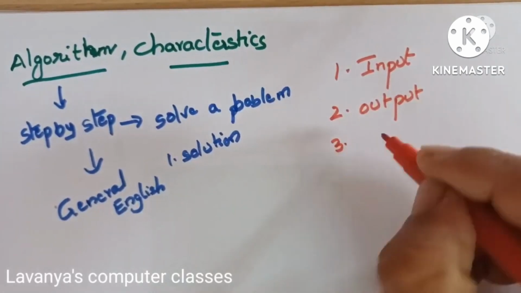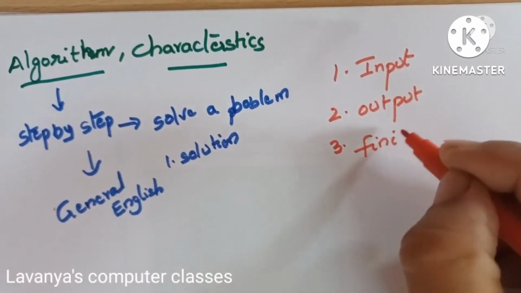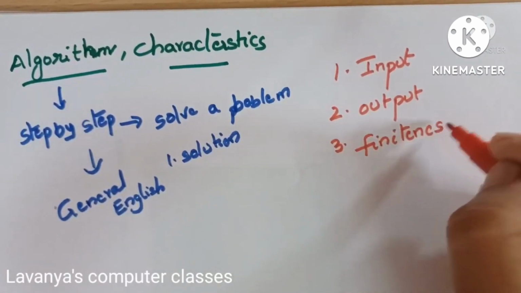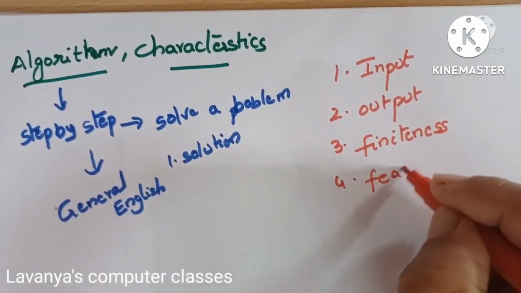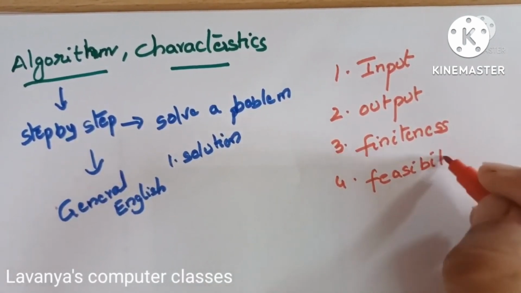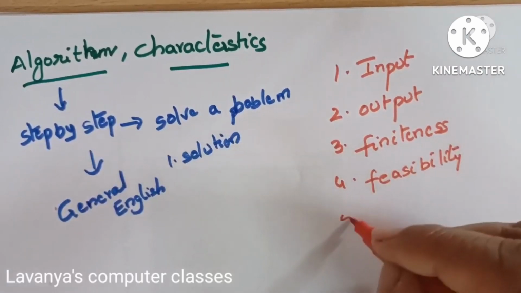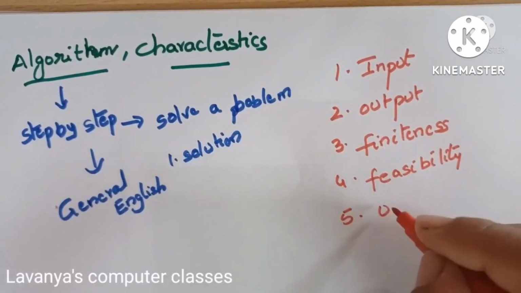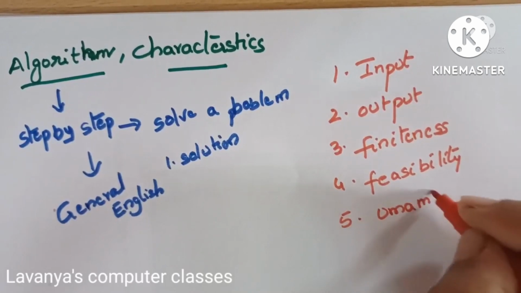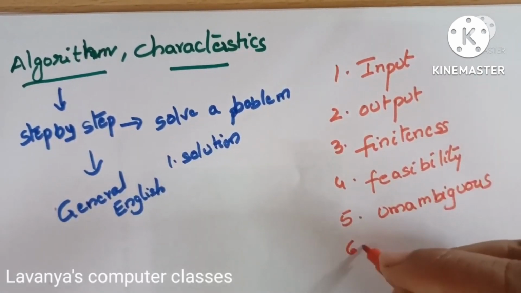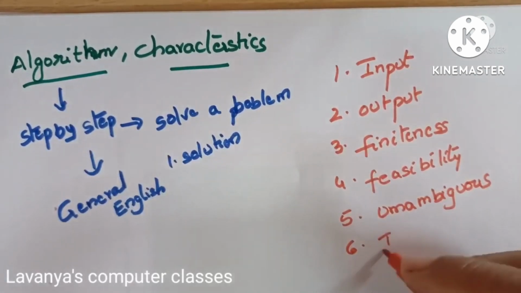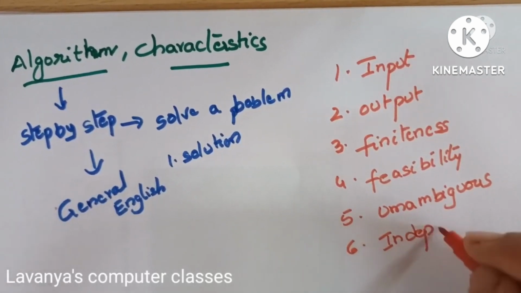So the characteristics are: first one is input, second one is output, third one is finiteness, fourth one is feasibility, next one is unambiguous, and the last one is independent. So these are all called characteristics of an algorithm.